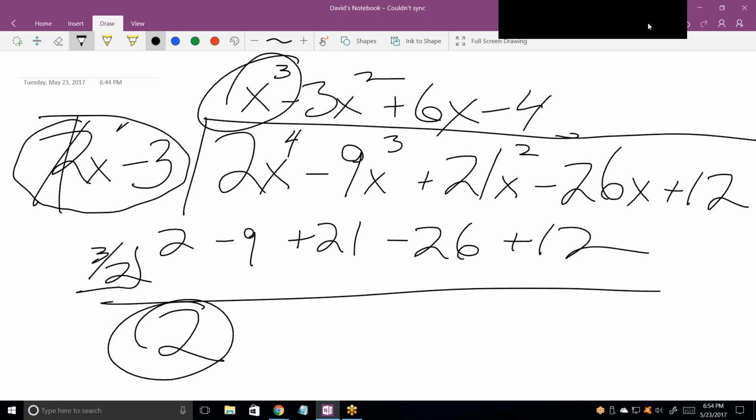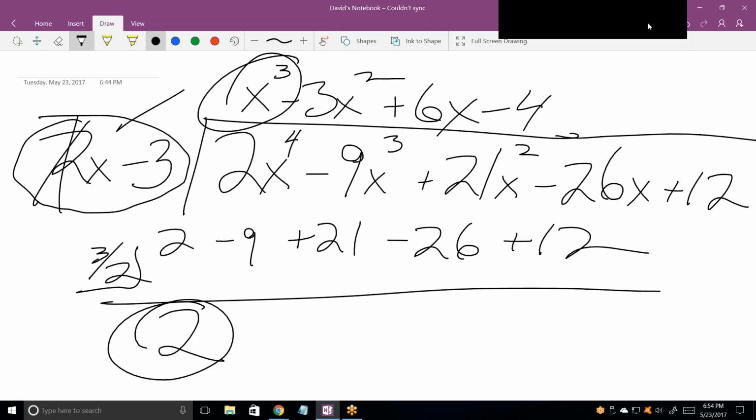But if you have a coefficient other than 1 in front of the x term, you can't do it synthetically. Okay. You can do it synthetically with complex numbers, but you cannot do it if there's a coefficient other than 1 in front of the x term. You've got to use long division. And that holds true all the time? I believe so.